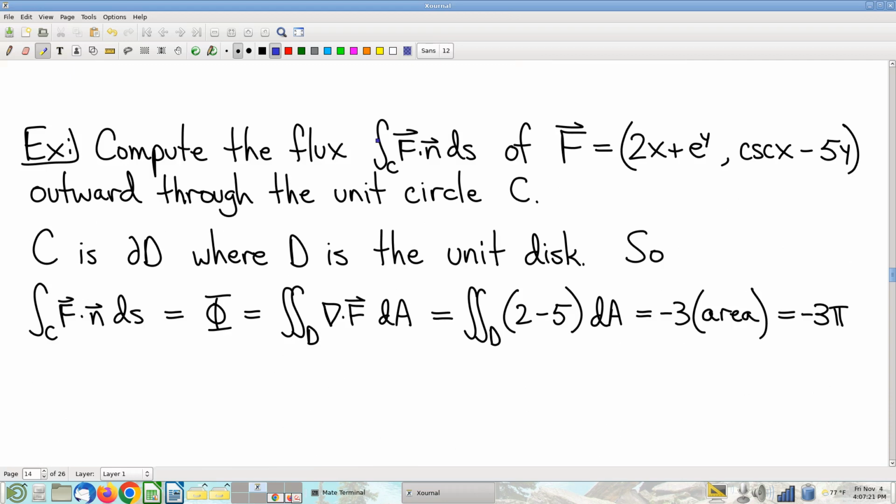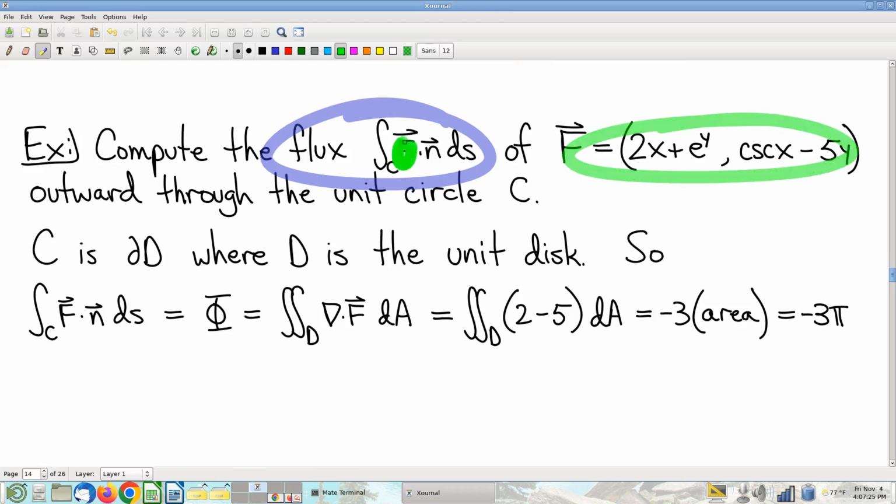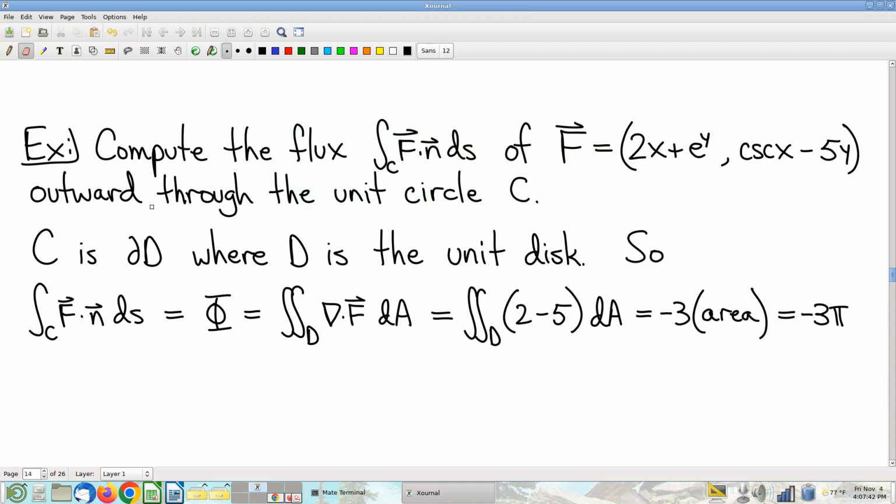Suppose you want to compute the flux of this vector field outward through the unit circle as our curve. Okay. So now again, you could brute force this, and again, let's not, because it'd be a nightmare. Circles means trig.